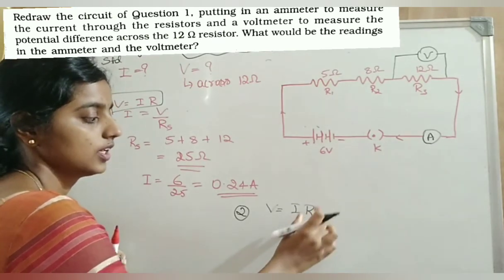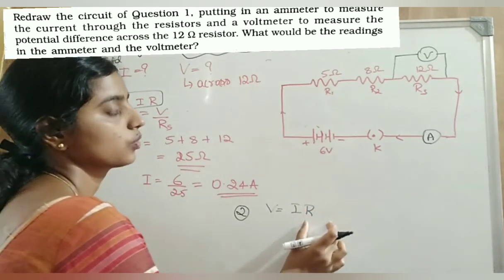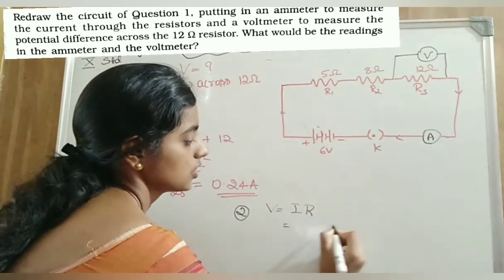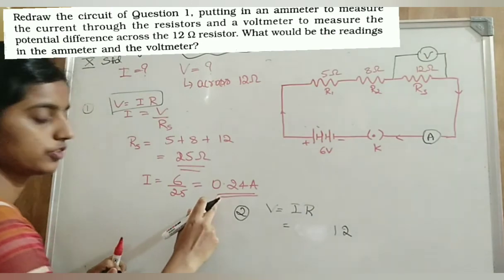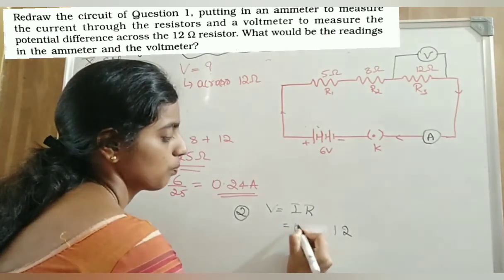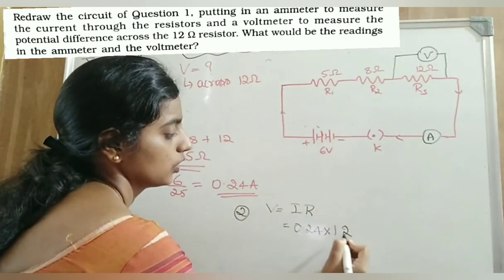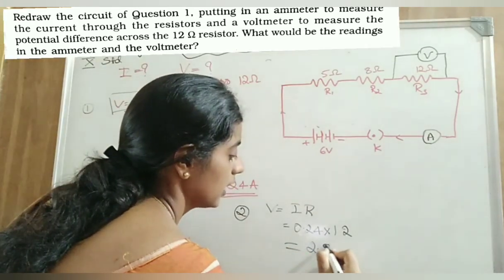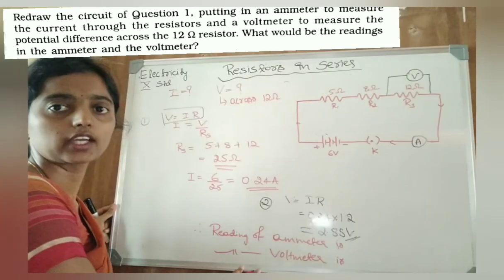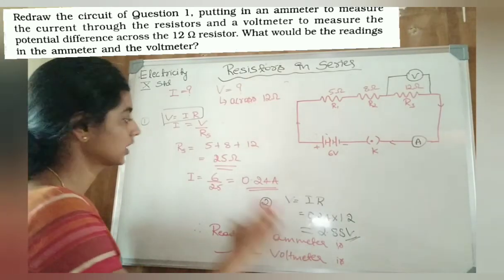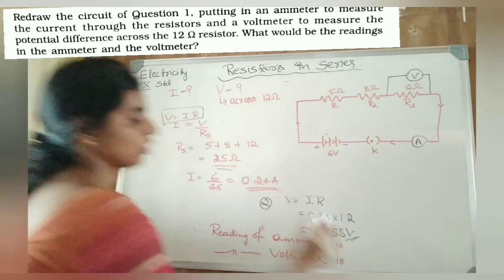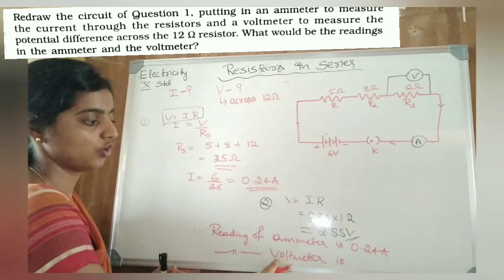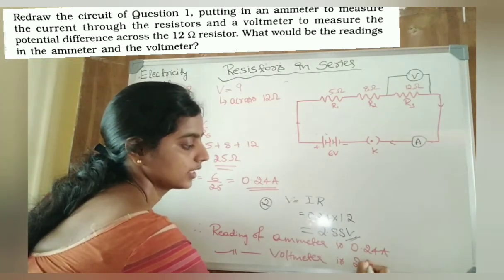As given in the question, we need to take only R3, the third resistor, that is 12 ohm, and I is what we found earlier, that is 0.24 into 12. Now see how much we'll get. We'll get 2.88 volt. We can conclude the reading of the ammeter, that is the current, how much we got? 0.24 ampere, and the reading of the voltmeter is 2.88 volt.